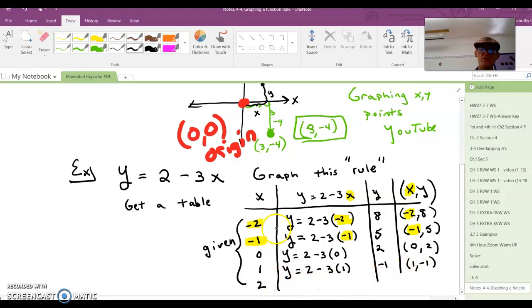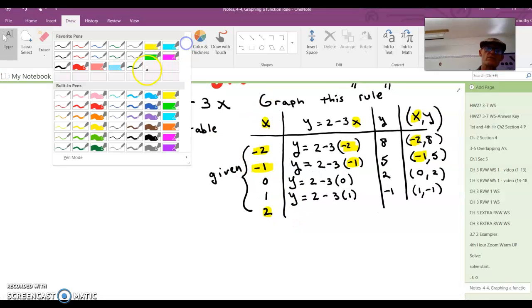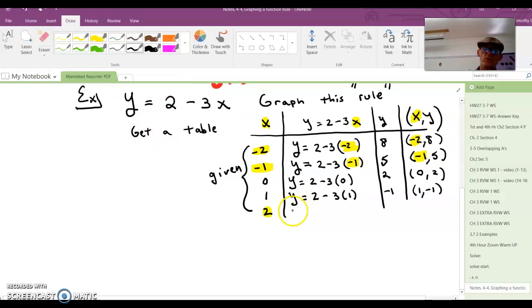And the last one, we do the same thing where we substitute the values in for x. So you see this is your x. We're substituting in here for this particular rule. Now all the rules are different. And we're going to get a value out for y. So we're going to write y equals 2 minus 3 times 2, which is -4. So that ordered pair is (2, -4).